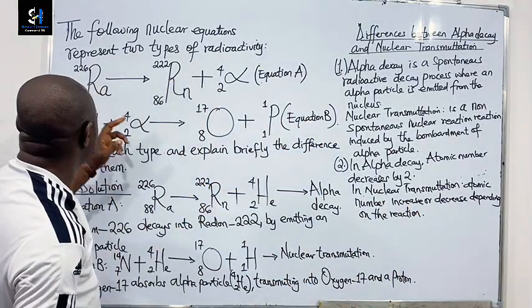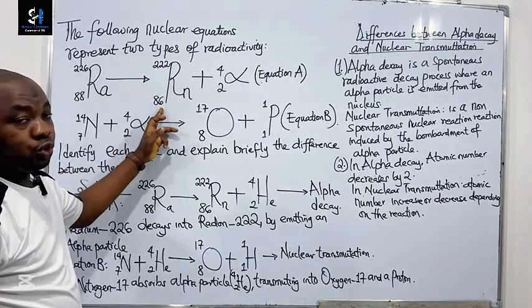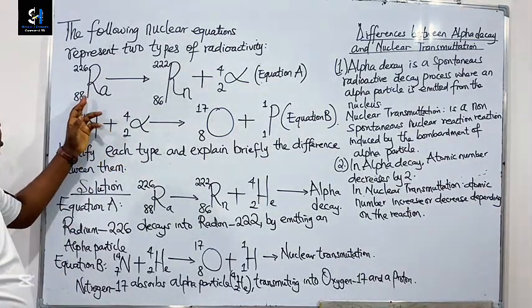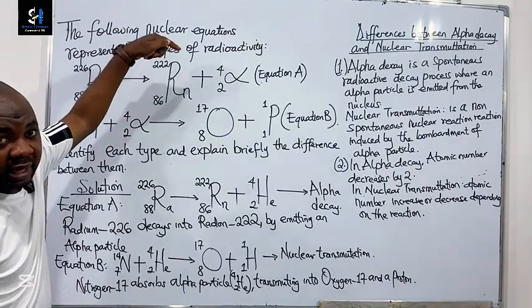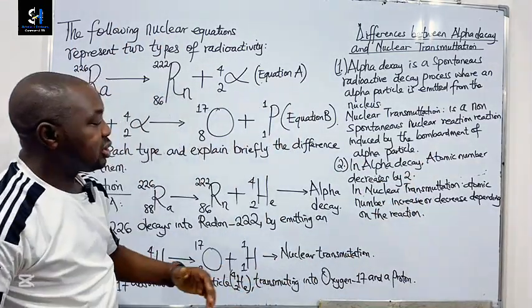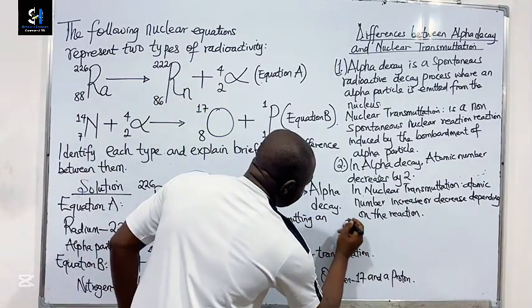We can see here that in alpha decay the atomic number decreases by 2, from 88 to 86, but in transmutation it depends on the reaction.